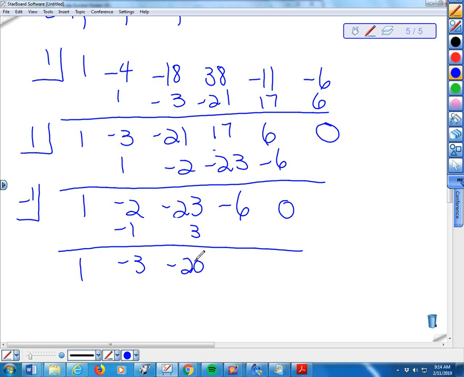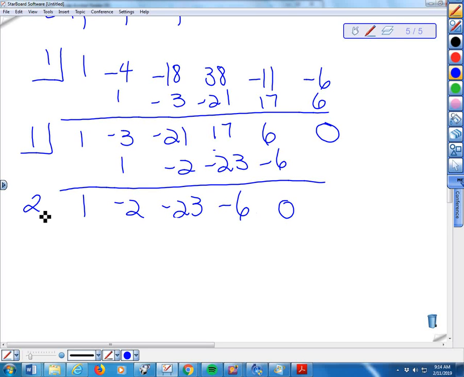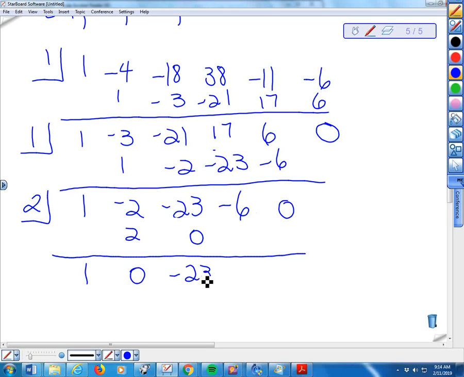We're going to work our way through the list. 1, 2, 0, 0, negative 23. I'm done. It's not going to work. Negative 2.